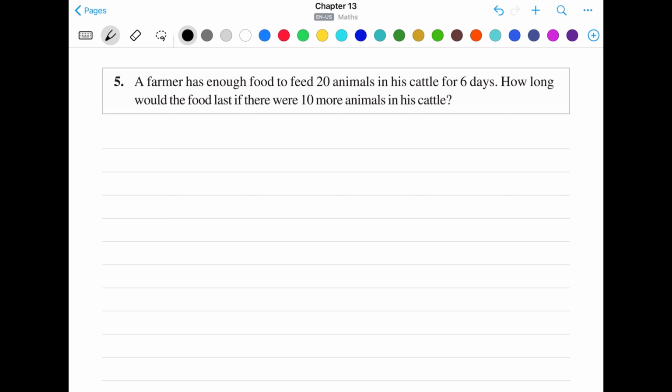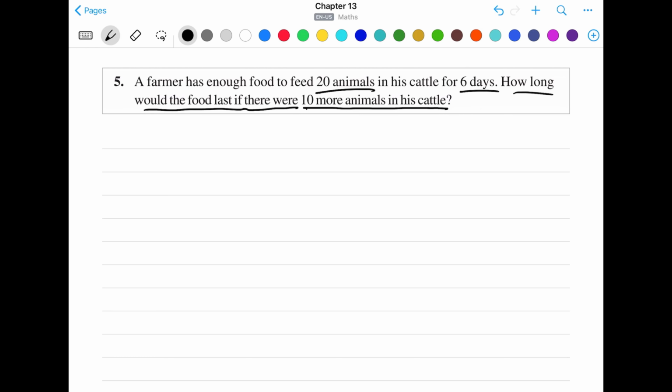It says a farmer has enough food to feed 20 animals in his cattle for 6 days. So he has that much food by which he can feed 20 animals for 6 days. Now you have to calculate how long the food would last if there were 10 more animals in his cattle.